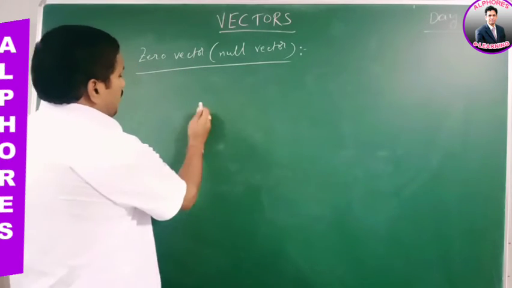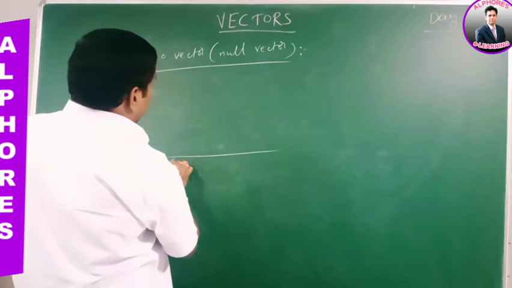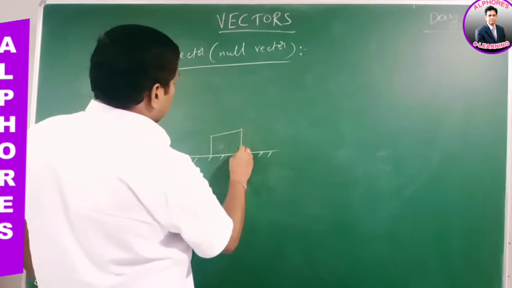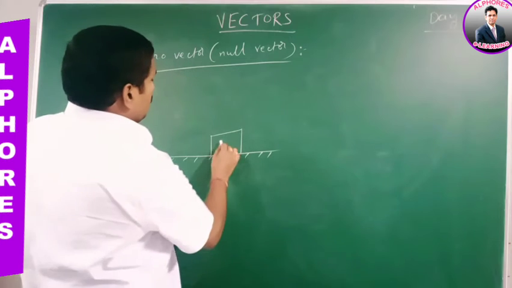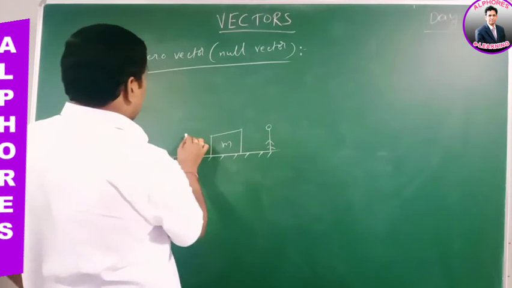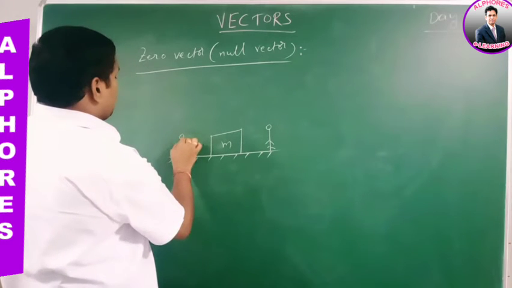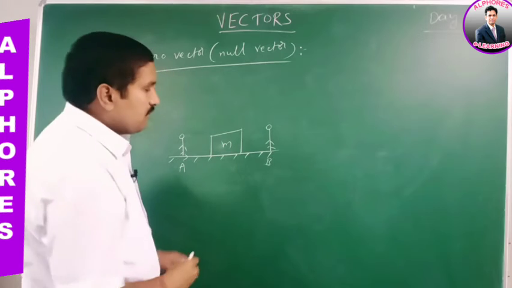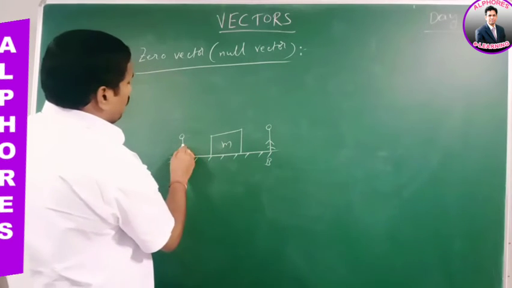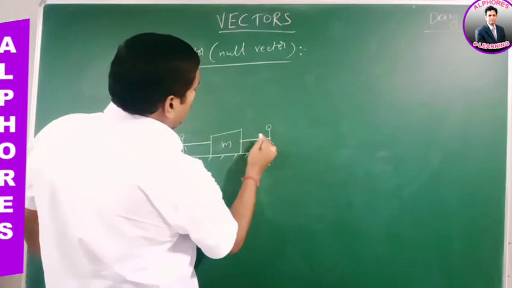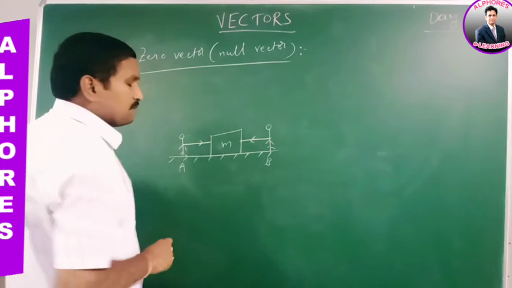For example, let us take one example. Let us say this is the block of mass m. Suppose these are two persons A and B, who are standing in opposite directions. These two persons are trying to pull the block in opposite directions.